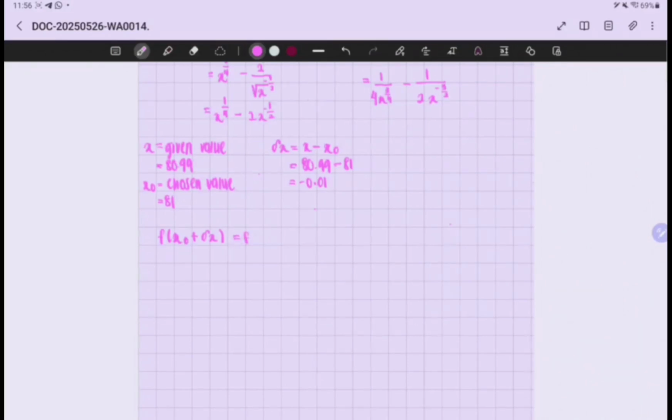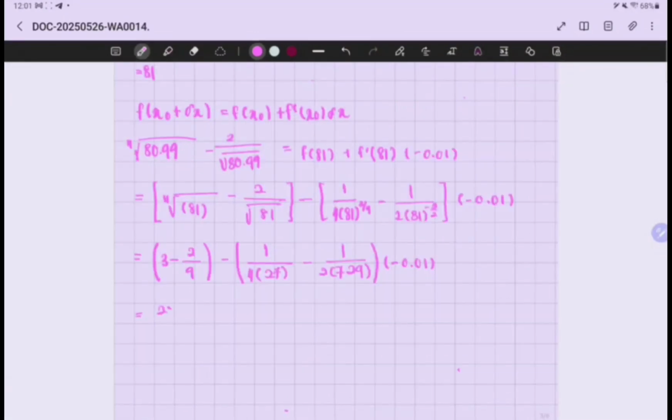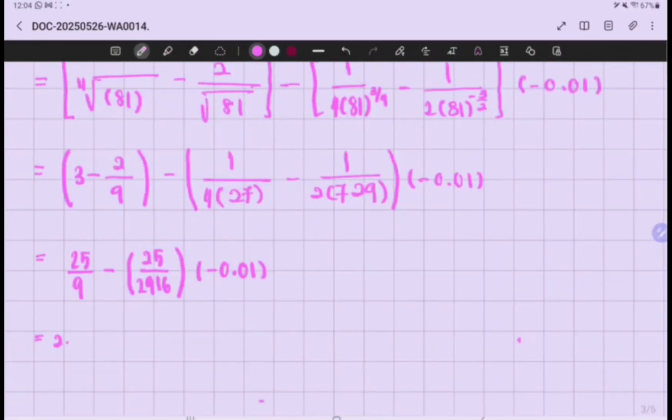The values of f(81) and f prime(81) are computed and substituted into the formula, along with dx equals negative 0.01. After simplification, the approximation of the fourth root of 80.99 minus 2 over the square root of 80.99 is found to be approximately 2.778.